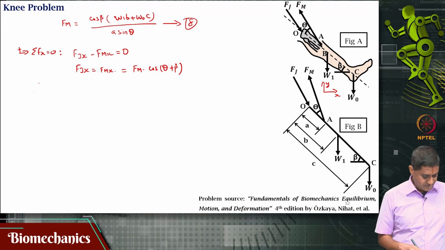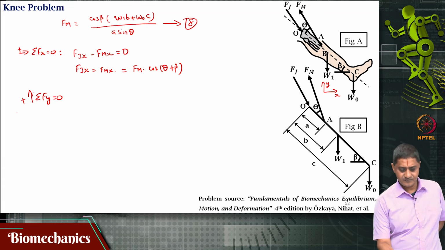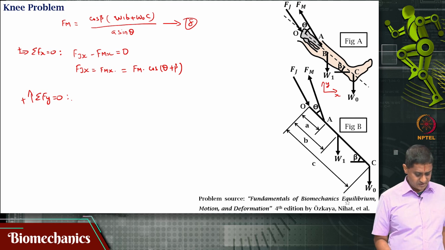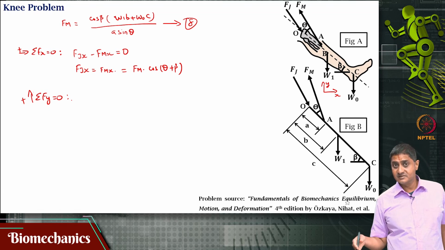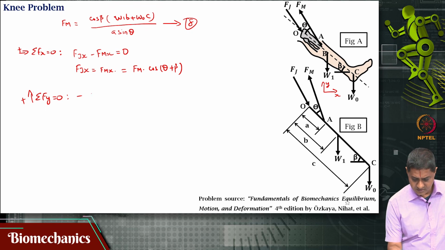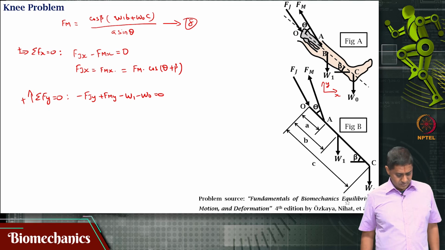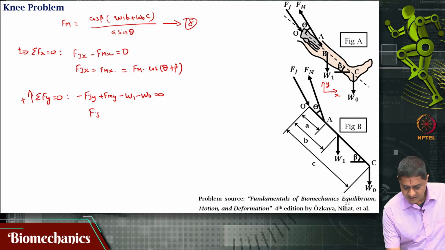How do I find Fjy? Same, sigma Fy equal to 0, upgoing is considered positive. The W's will come into the picture, that is okay. That is minus Fjy plus Fmy minus W1 minus W0 is 0. From this I can write Fjy as Fmy minus W1 minus W0.